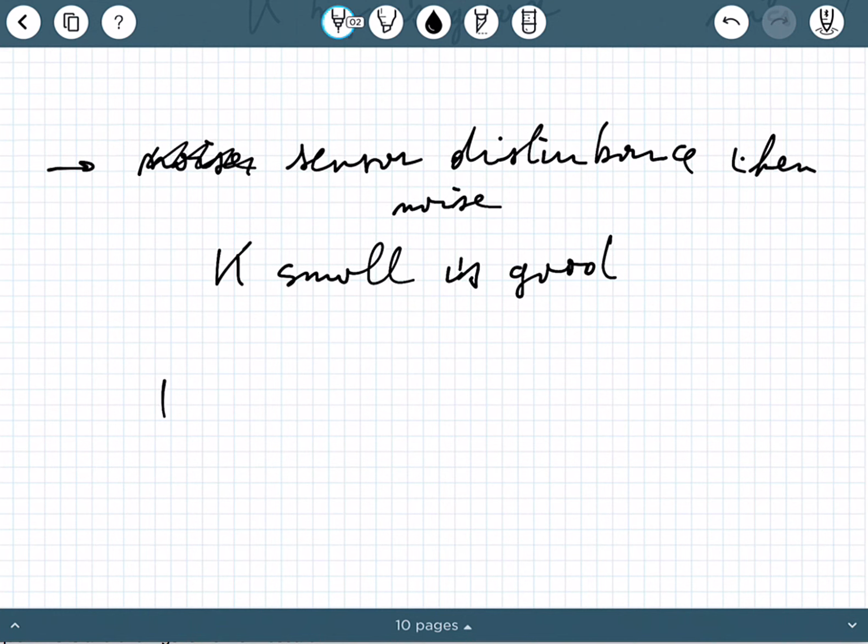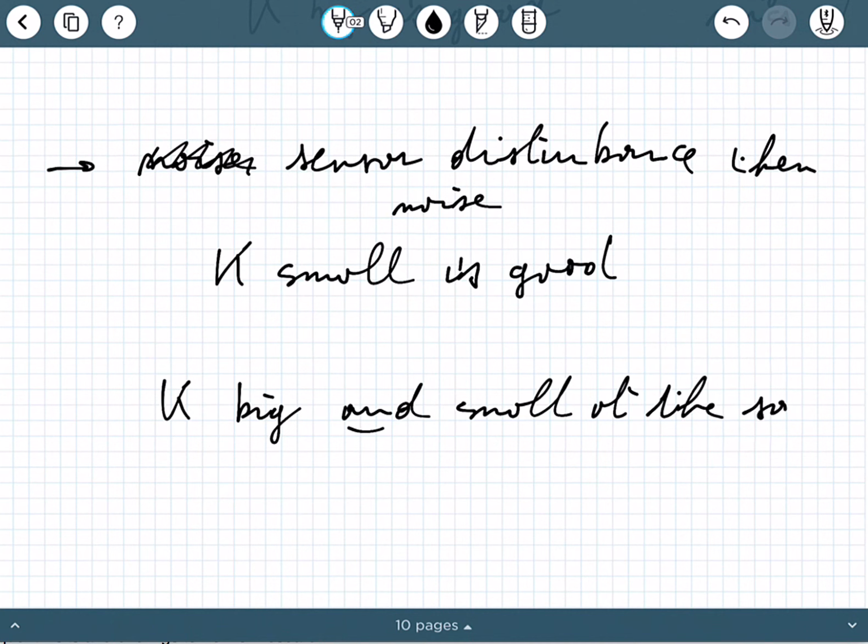How can K be big and small at the same time? That is one of the key questions that we will address throughout this course.